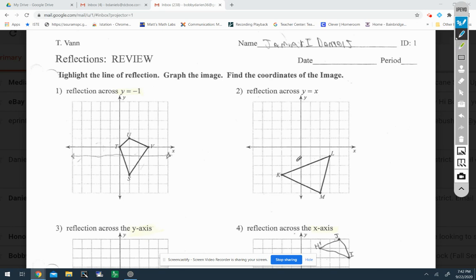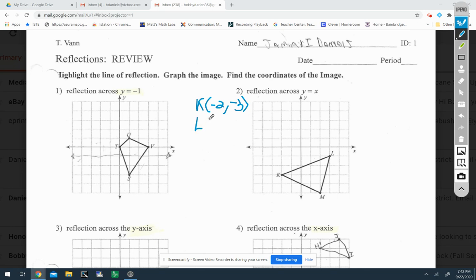Let's look at what K is. K is here, so that is over -1, -2. So I'm going to put K, let's write it over here. K, the x value is -2, and it's down 1, 2, 3. So the y value is -3. And L is over 1, 2, 3.